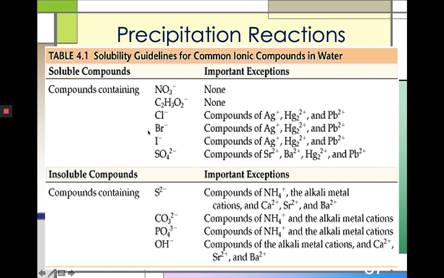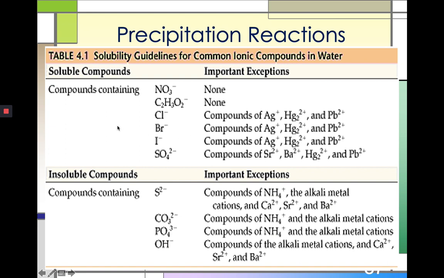Compounds containing the bromide ion, for example NaBr, are usually soluble in water except silver bromide, mercury 2 bromide, and lead 2 bromide. So these exceptions are very much repeated.